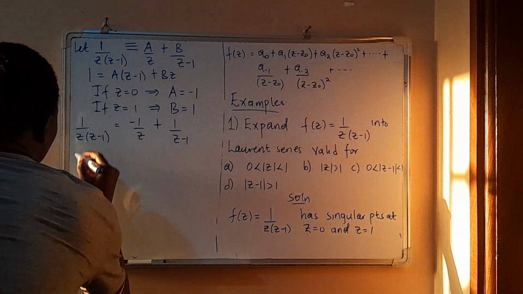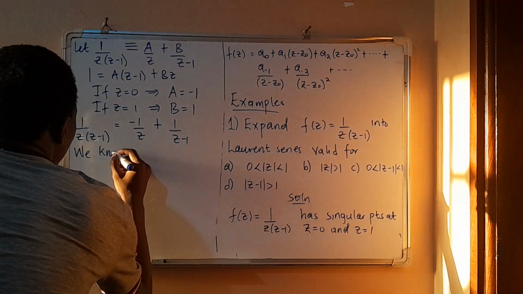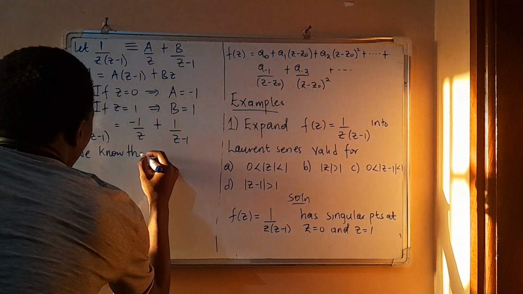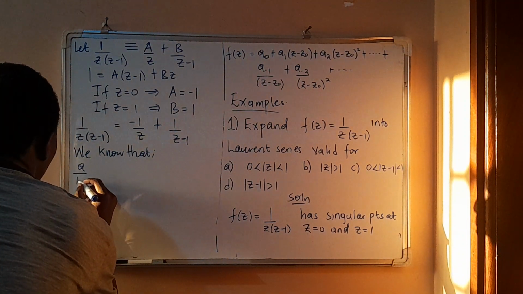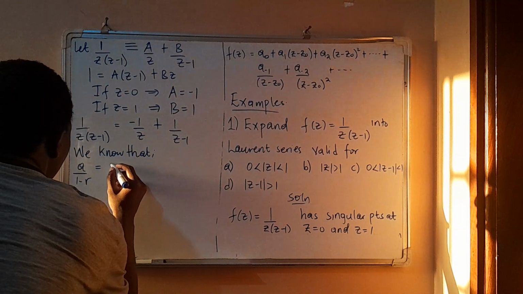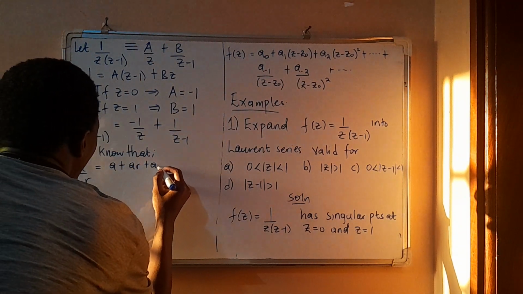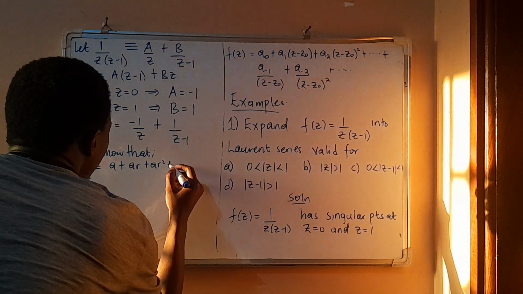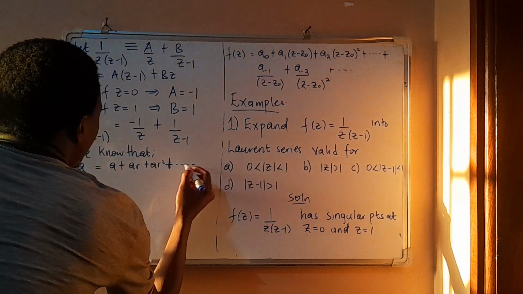We know that a over 1 minus r is equal to a plus ar plus ar squared plus and so on, the sum to infinity of a geometric progression.